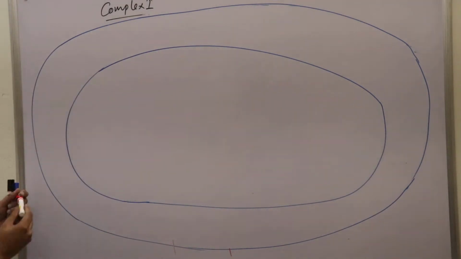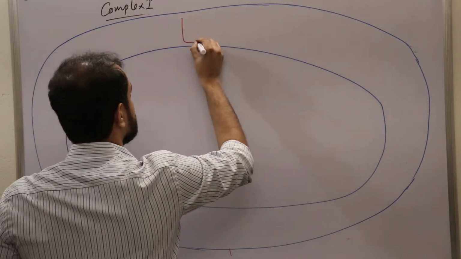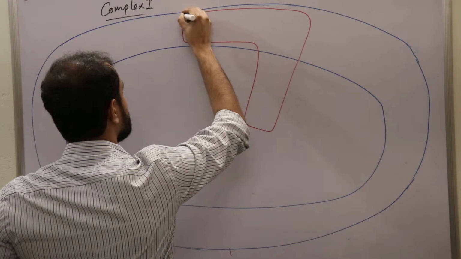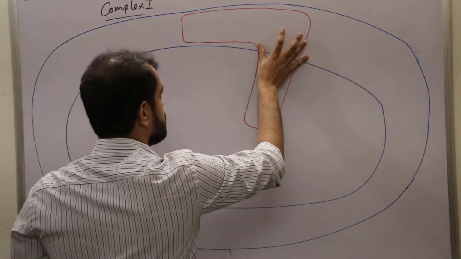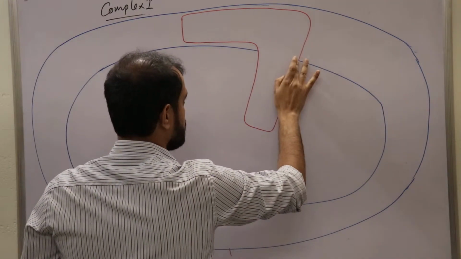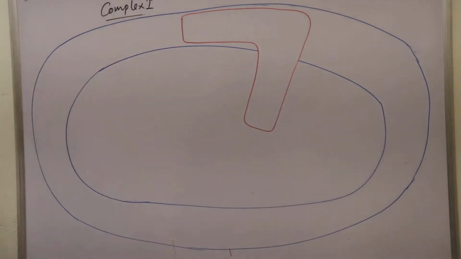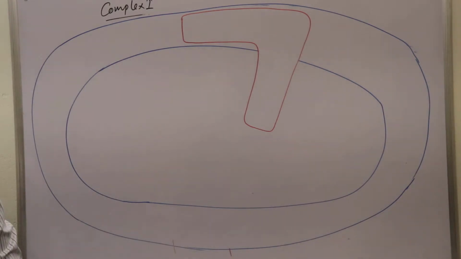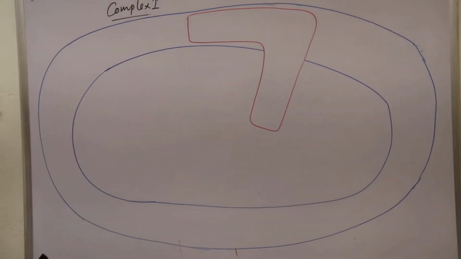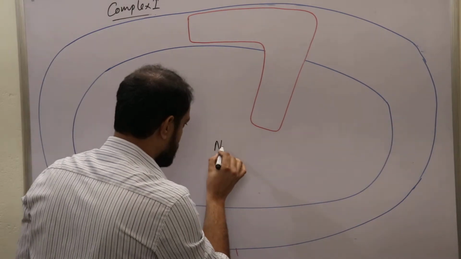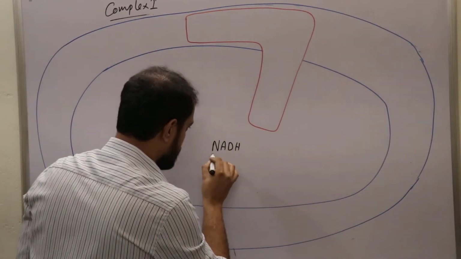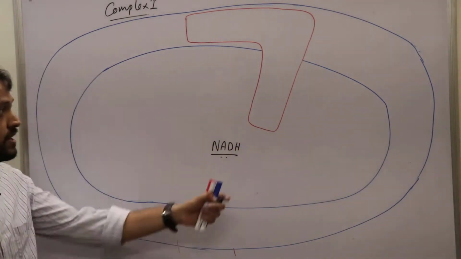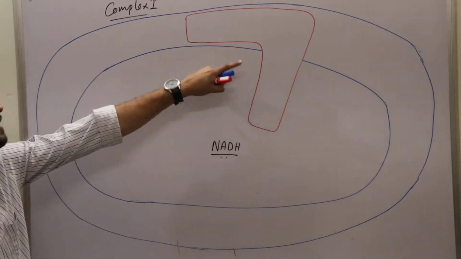Now listen. Listen. This is complex 1. What it is doing is actually, NADH is coming towards this matrix phase of complex 1.